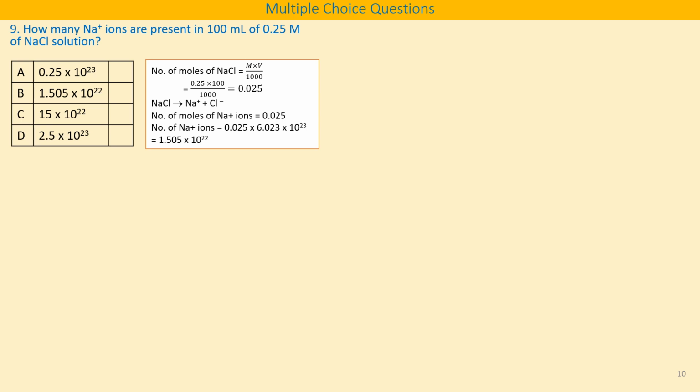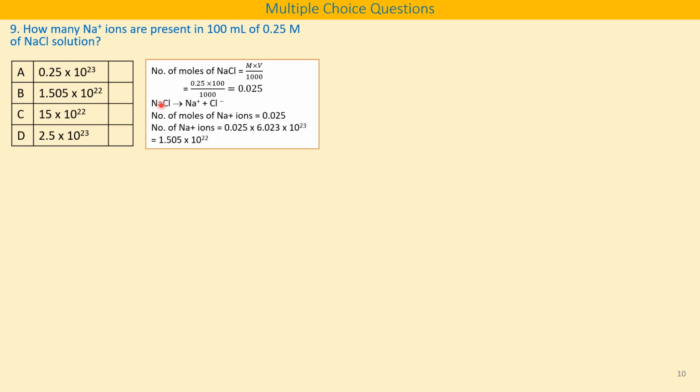Number of moles of NaCl is equal to M into V divided by 1000, where capital M is molarity. So molarity is 0.25 M into 100 divided by 1000, that is equal to 0.025.